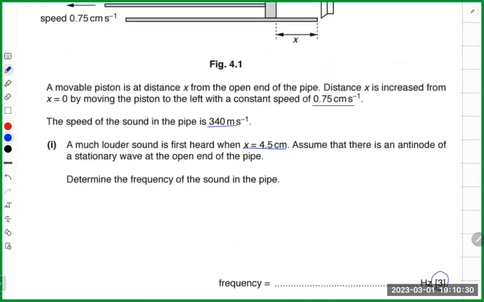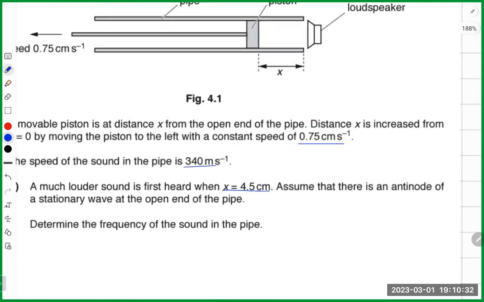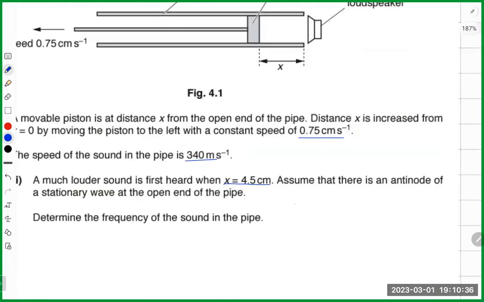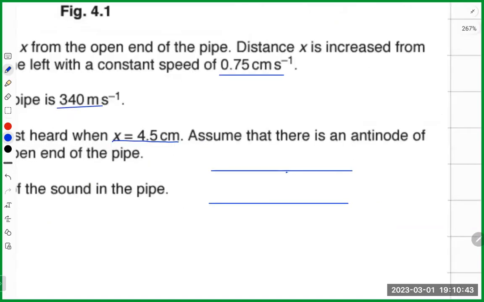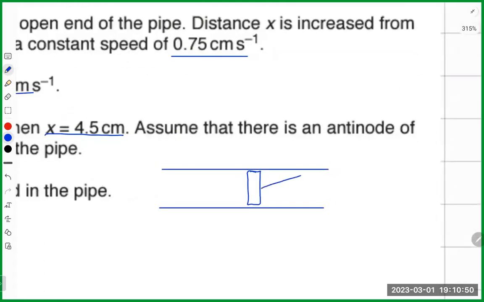So it is a 3-mark question. And if he says that the first loud sound is heard at 4.5 centimeters, he actually means if this is a pipe, this is a piston, then this is what is happening. There is an antinode over here and a node here, and this distance is 4.5 centimeters.